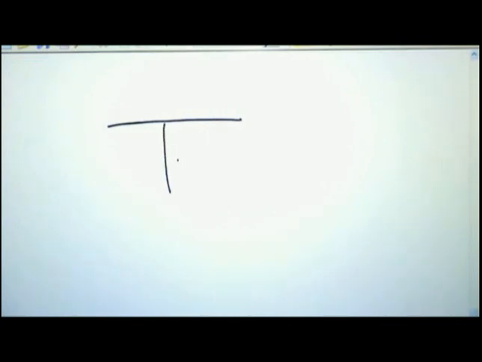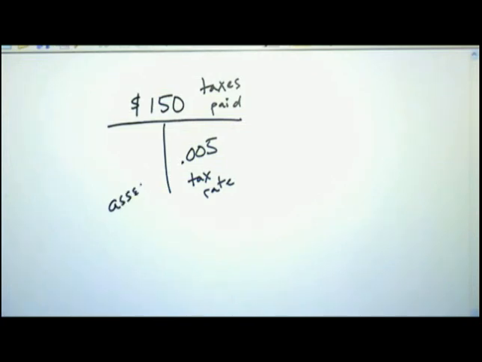The tax rate was $5 per thousand, which we can write as 0.005. Again, that's the tax rate. And I also know that the taxes paid was $150. I can use those to find the assessed value.